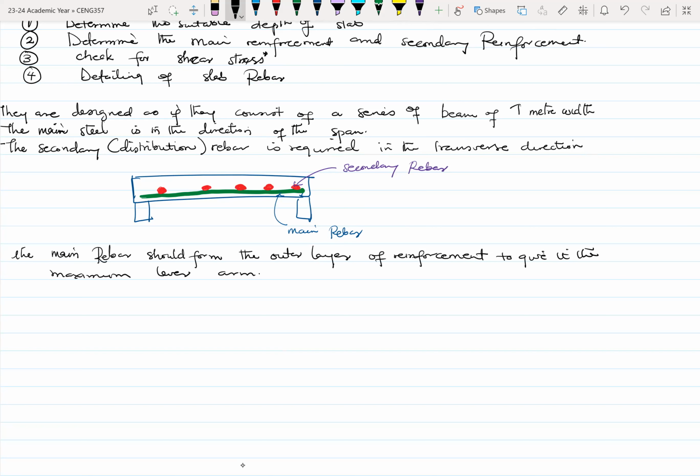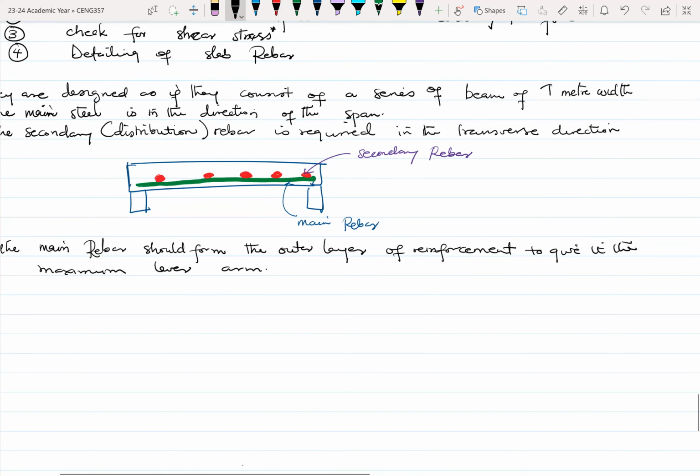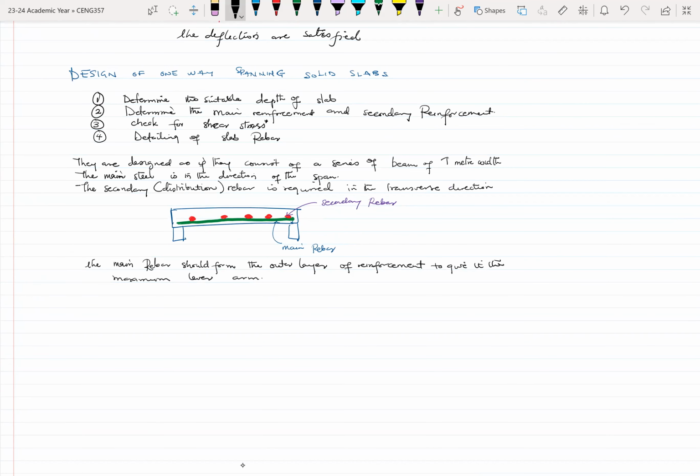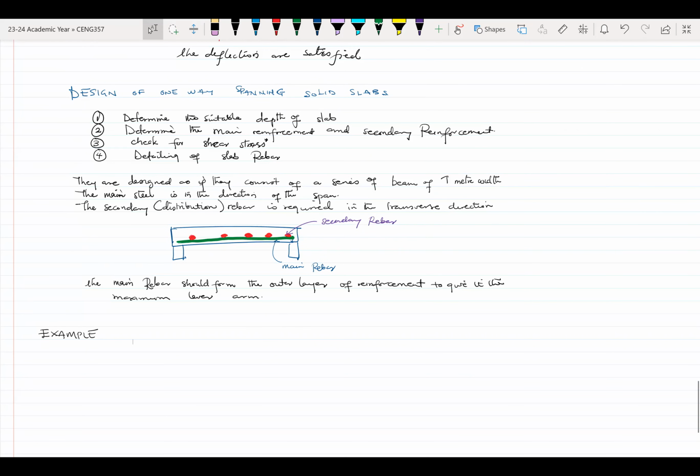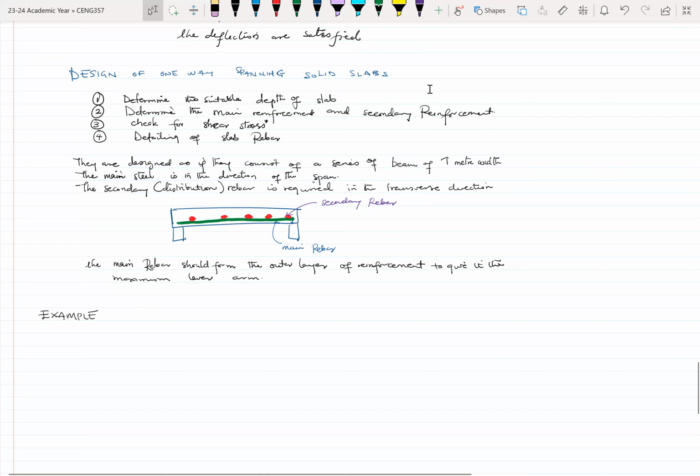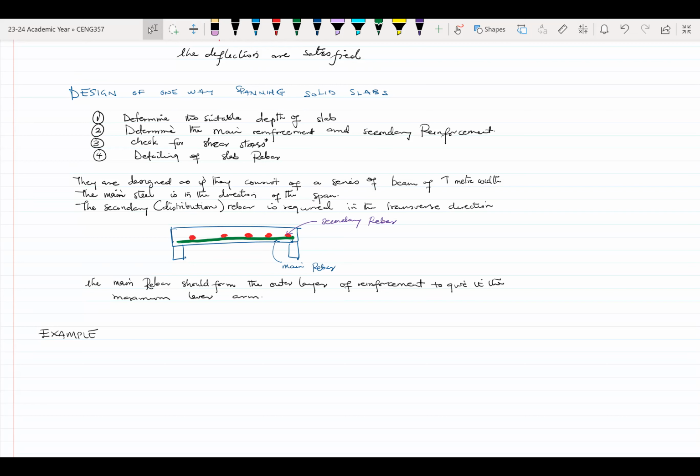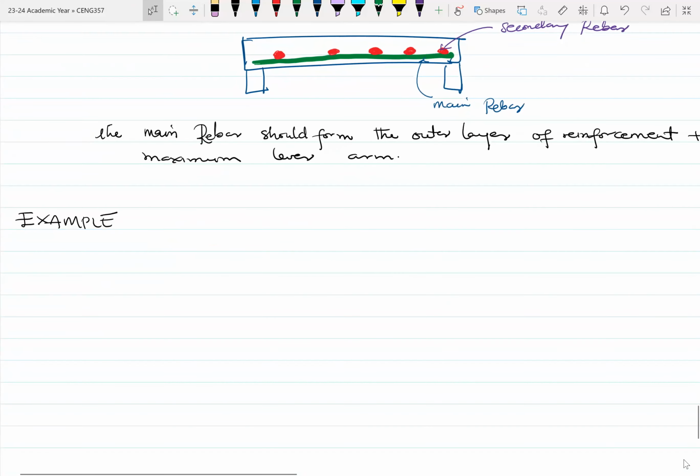Let me put together an example, and then hopefully everything explains itself going forward. So, example.